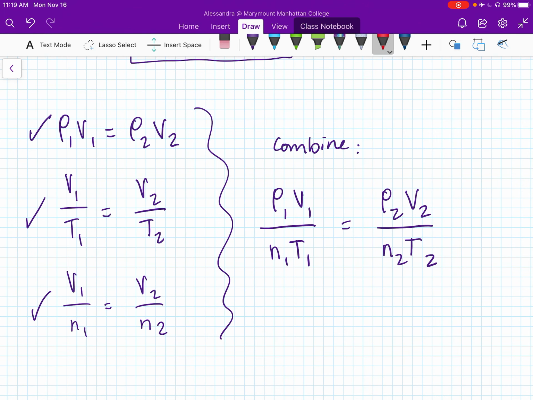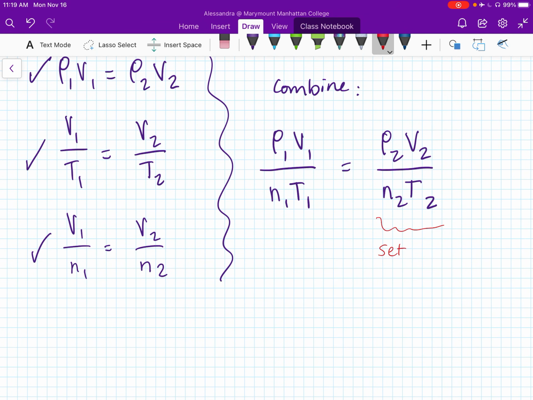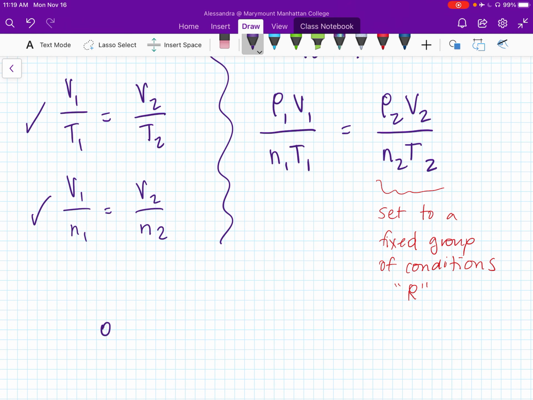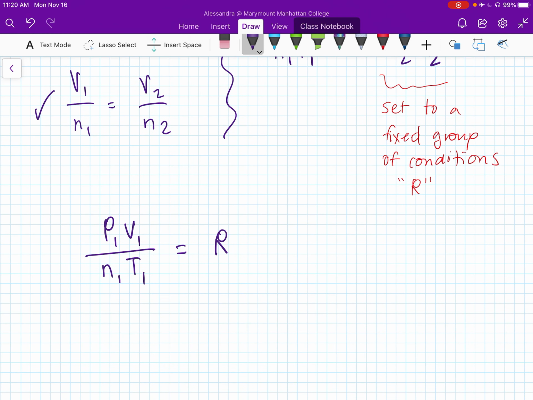Now, let's take one side of the equation, let's say this side of the equation, and let's set this to a fixed set of conditions. And that fixed group of conditions is going to be defined as R. So I'm going to call that R. P1V1 over N1T1 equals R. That fixed set of conditions, R, refers to standard temperature and pressure.